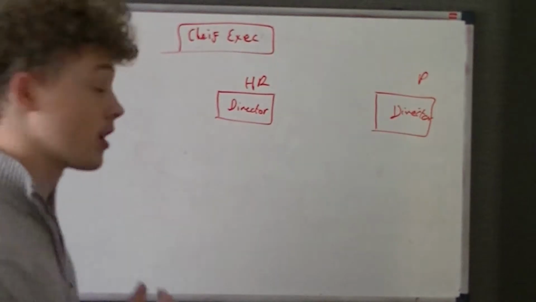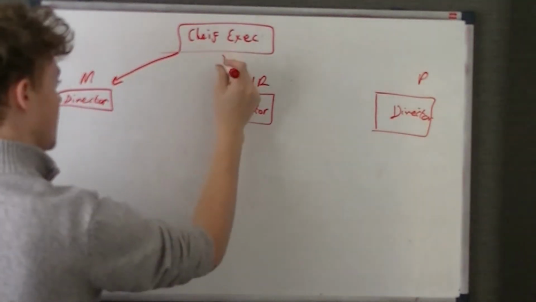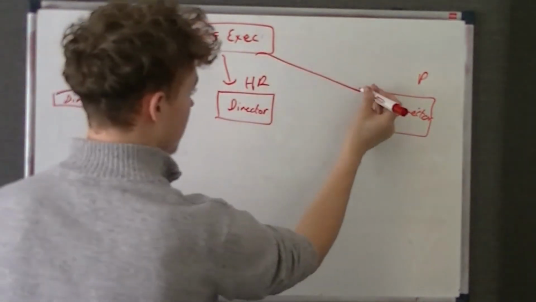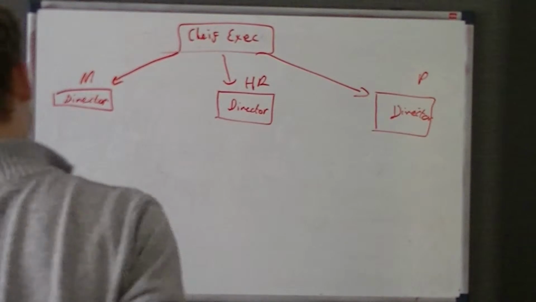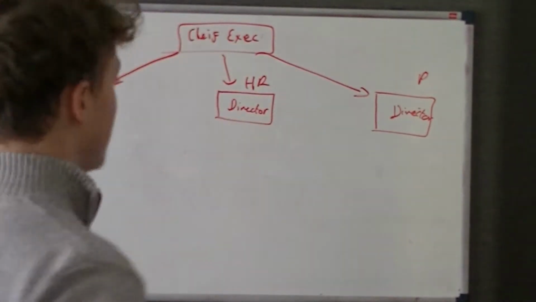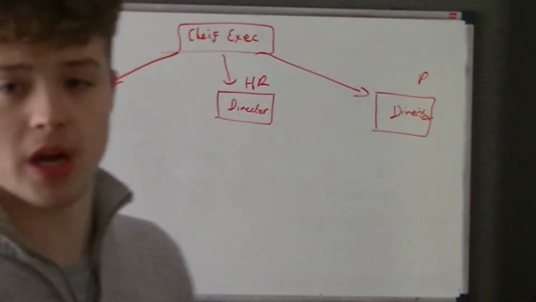Now this chief executive is responsible for the ones that are directly below it. So he's responsible for the director of P, director of the HR, director of the M. Now it may look at the moment like he's only got 3 people to manage. It surely can't be a hard job.